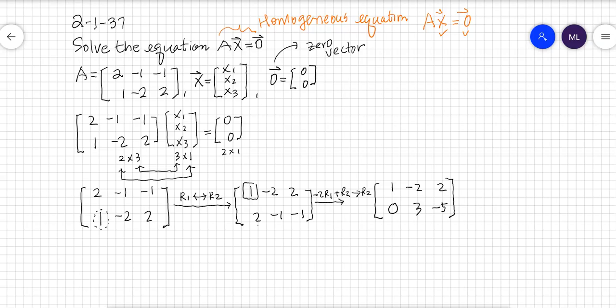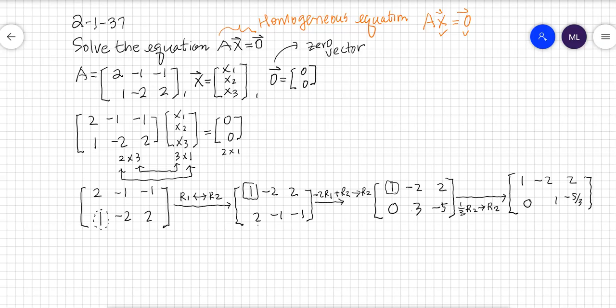Okay. So now this is a leading 1. Now I want this to be a leading 1. The only thing I can do without changing this is divide row 2 by 3 and put it back in row 2. So there'll be 1, -2, 2 and 0, 1, -5/3.